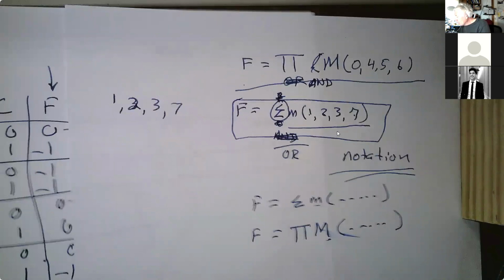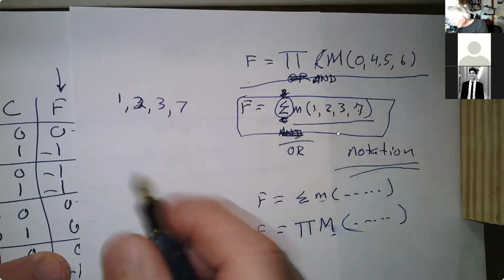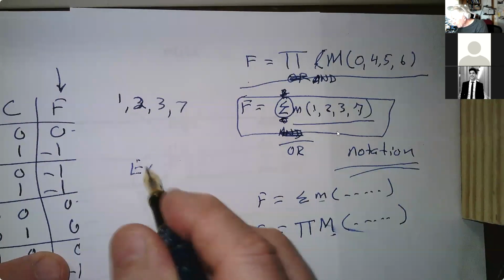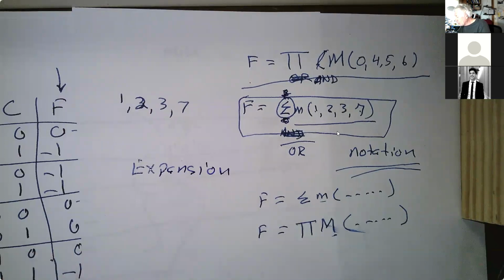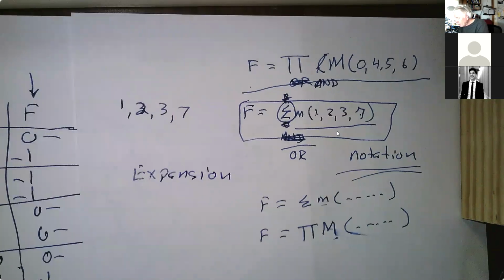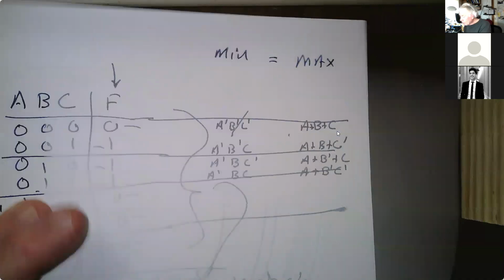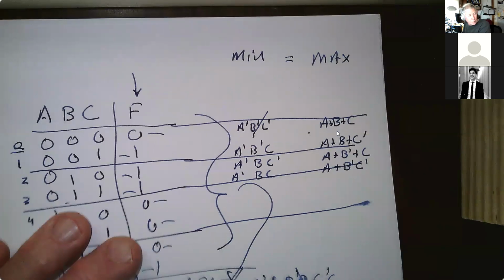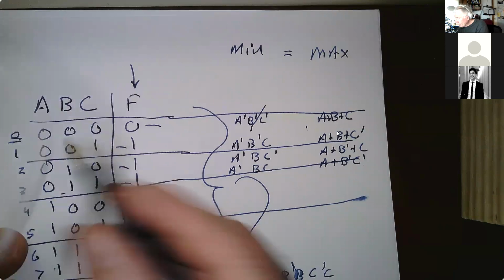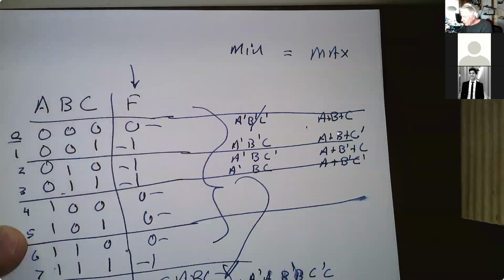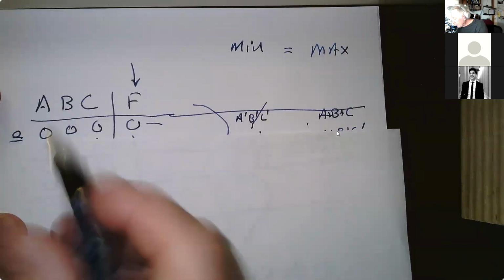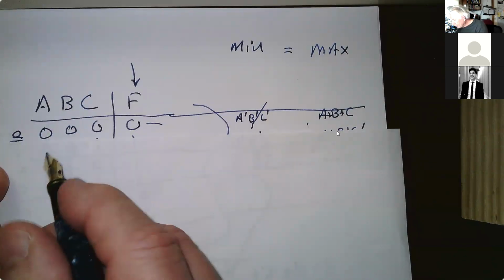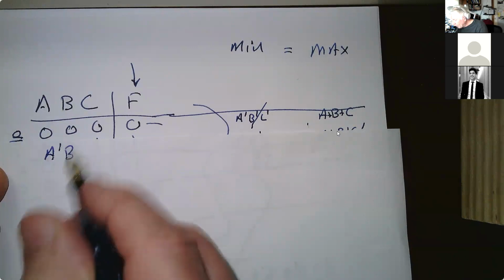But how would we actually write the expansion, where we have the logic expression written out? Let me do that. So here's our truth table again. I'm going to take the min term from the first row, which, because these are all zeros, would be A prime, B prime, C prime.